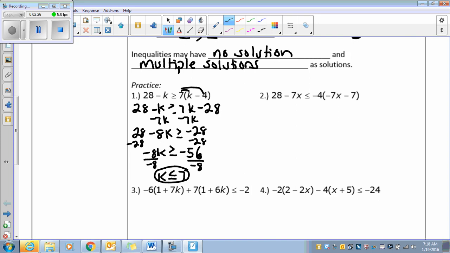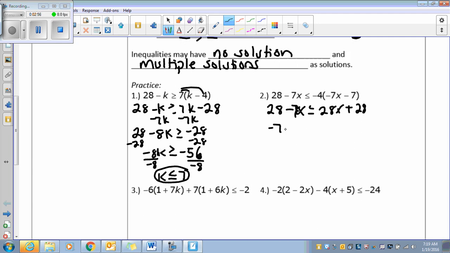Right, you should have paused your video, and it is now time to check our solutions. So here we would have 28 minus 7x is less than or equal to 28x plus 28. We can bring the 28 over to the other side by subtracting.